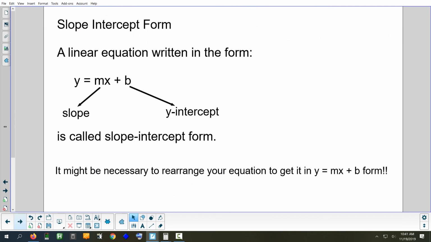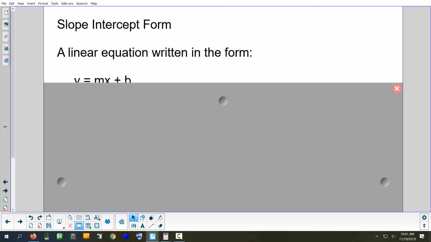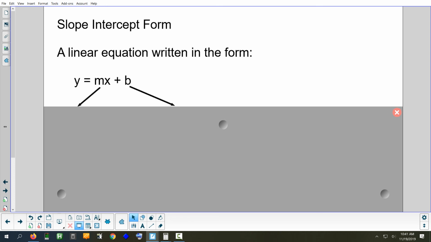finish up with this. I might have already mentioned this earlier, but slope-intercept form. On the bottom of your notes, where it says slope-intercept form, you want to write y equals mx plus b.